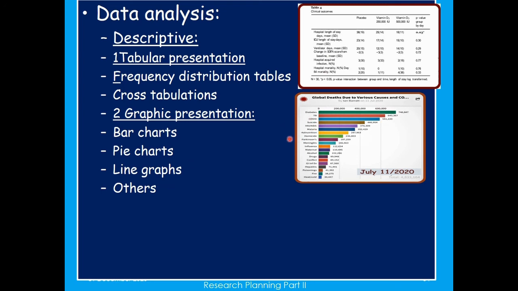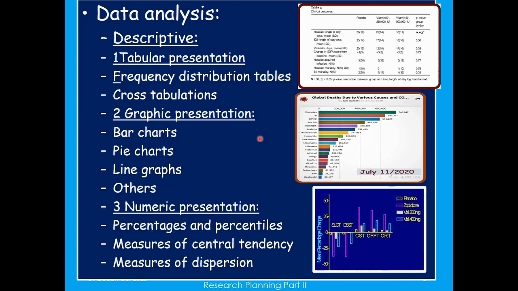Or third, lastly, it is a form of numerical presentation where there is percentage and percentile, measurement of central tendency and measurement of dispersion. So these are the various methods by which data analysis is done and presented in clinical research.